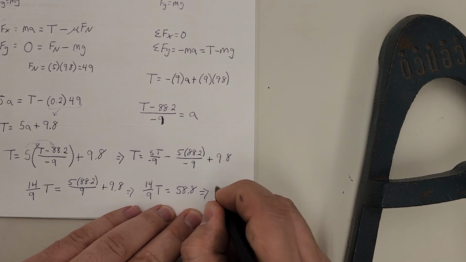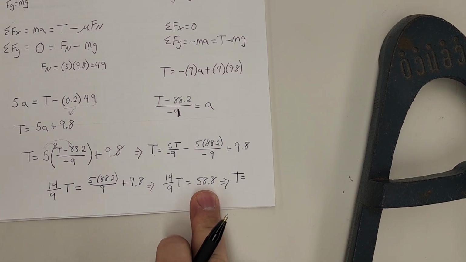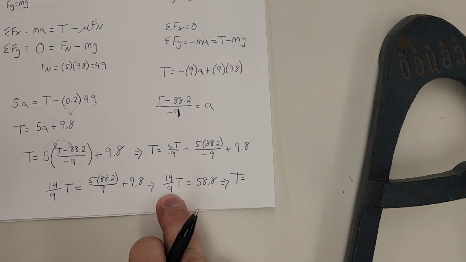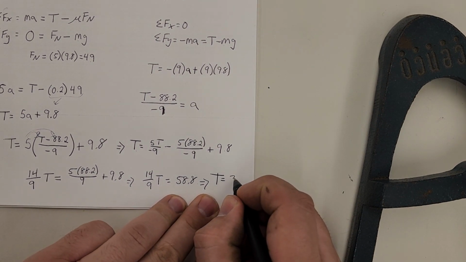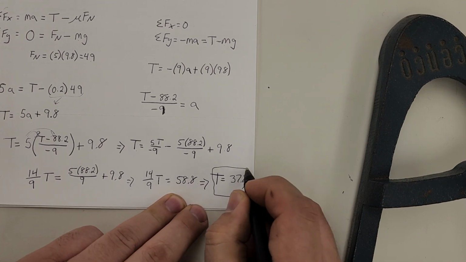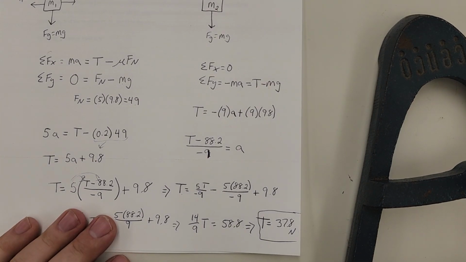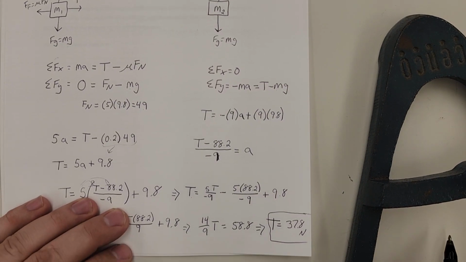This will give us t. So I got 58.8, I want to multiply by 9. That's 529.2. Then we divide it by 14, and we get 37.8 newtons. This is our answer. Barely squeaked it in on that paper, but that's exactly what we have up here, 37.8.